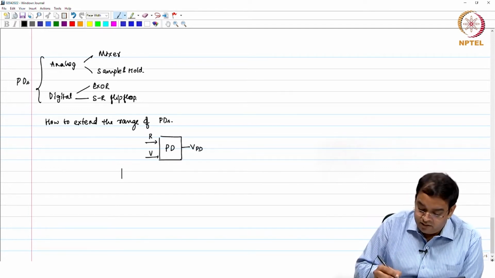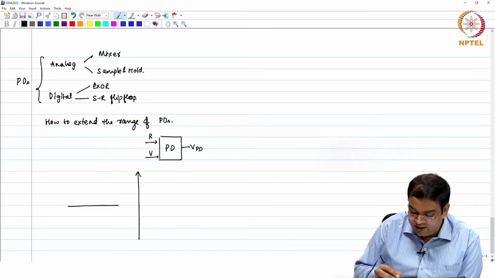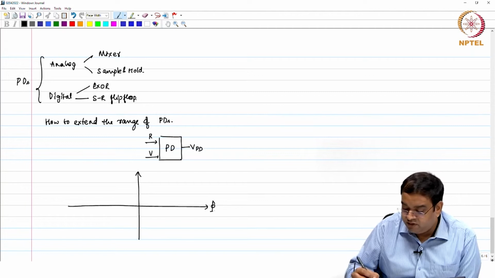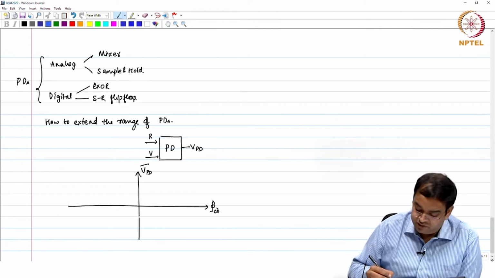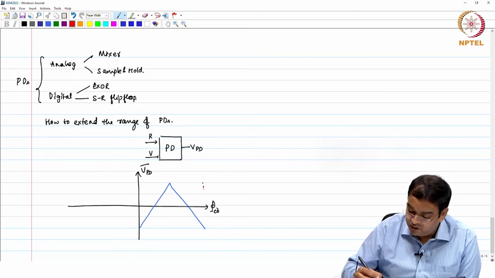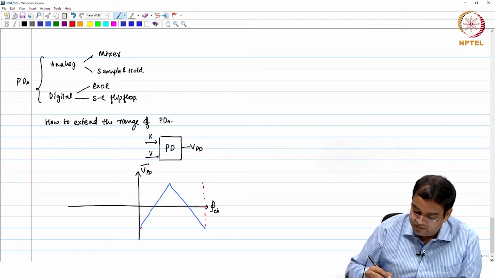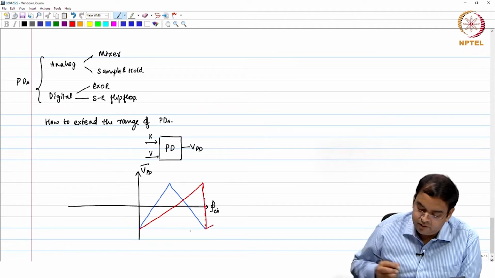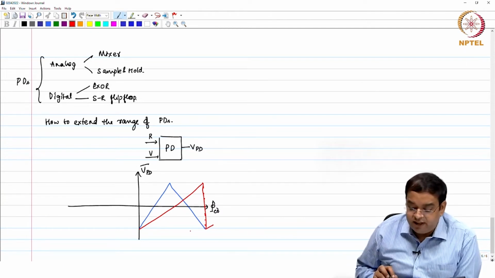Just to recall, with respect to the phase error between the R and V signal, your VPD average was either like this, that was your XOR case, or it was like this, on the positive side. On the negative side, you will follow similar characteristics.